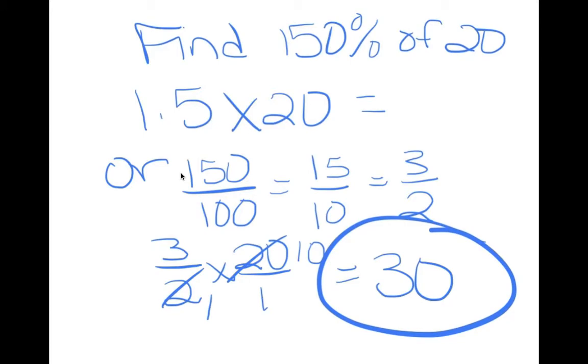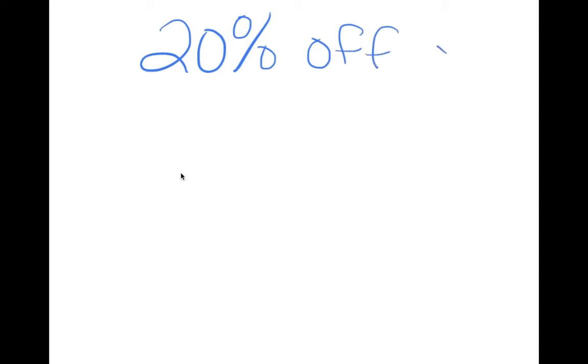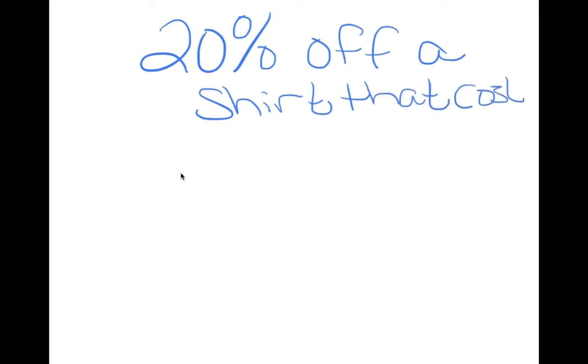Okay, let's add another example. How about you go to the store and you see that the shirt you want is 20% off. Okay, so it's going to be 20% off a shirt that costs $14.99. Okay, we want to know how much off we are going to get.